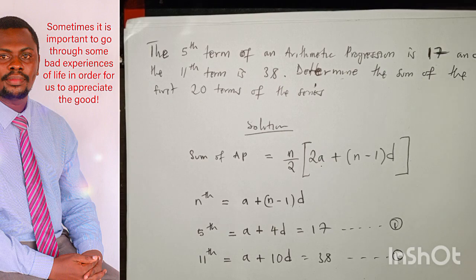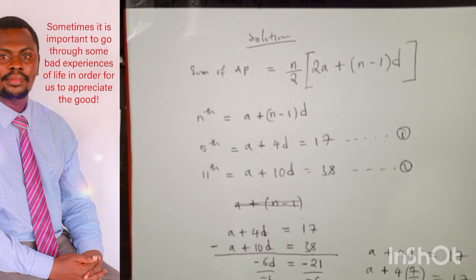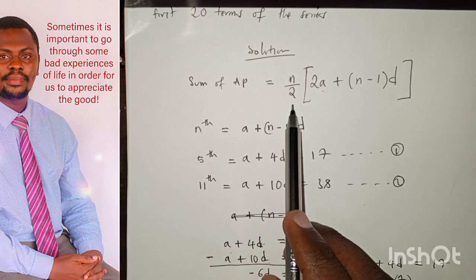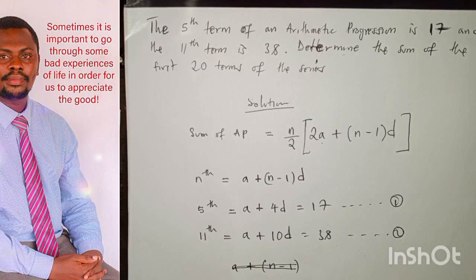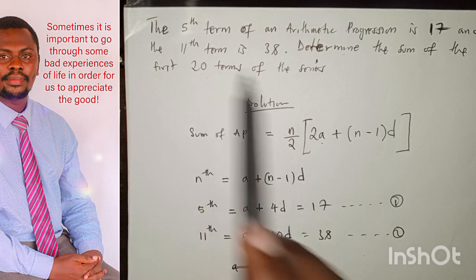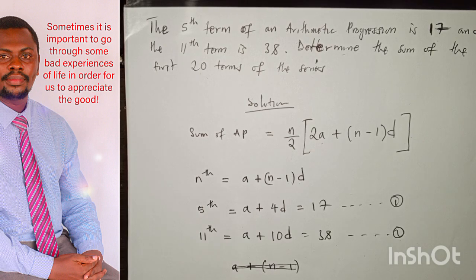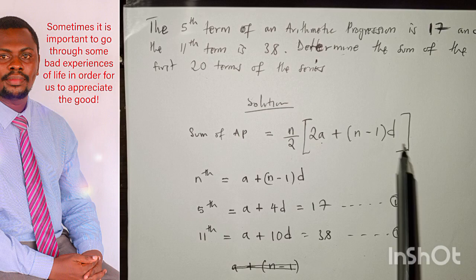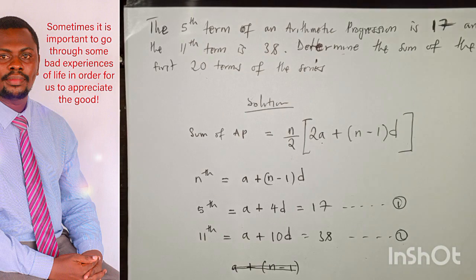Okay, and we know that sum is equal to n over 2. N, they are saying 20 terms, so where there is n we put 20. Where there is A, we have calculated 3, and where there is D is 7 over 2.